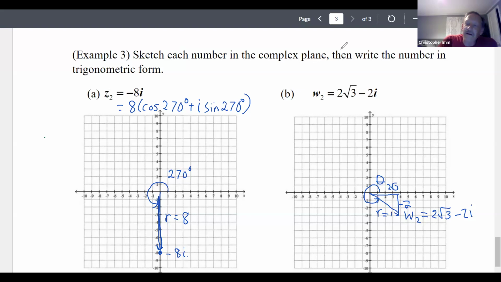Of course, r always has to be positive, so r is going to be 4. And since this is a 1 to root 3 to 2 triangle, we know that this is going to be a 30, 60, 90 triangle. This reference angle is 30 degrees because it's across from the smaller side. So we know theta is going to be 360 minus that. So that fairly easily, if we know our triangles, becomes 4 times the cis of 330.